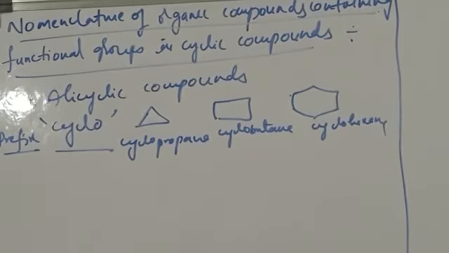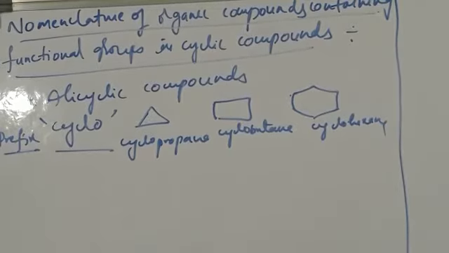If an alicyclic compound contains substituents, we give numbering 1, 2, 3 like that. While giving numbers to the substituent groups, we follow alphabetical order.